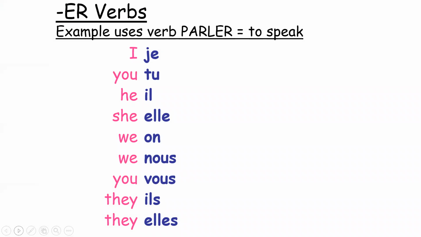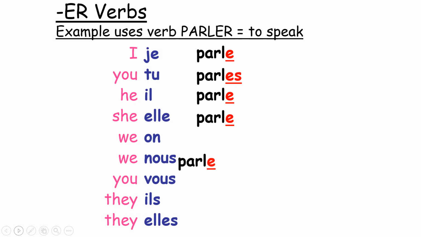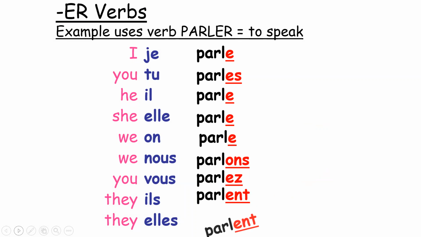Let's take a little look at that all together. I, you, he, she, we, you, they, and they. Je parle, tu parles, il parle, elle parle, on parle. Nous parlons, vous parlez, ils parlent, elles parlent. This is an ER verb, fully conjugated. The verb we've used is parler, to speak in French.